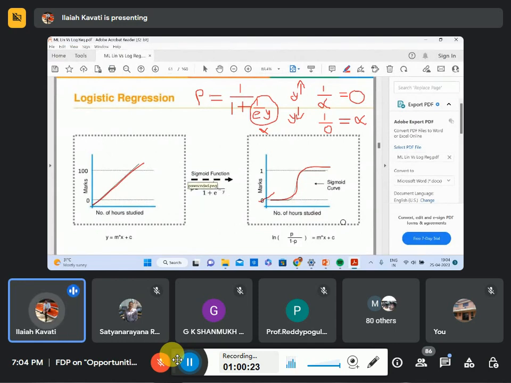This is called the logit function or cost function or sigmoid function. If you substitute y equal to mx plus c, in the denominator you are using y, the outcome of linear regression. Because of that, the name is logistic regression. Okay, sir. Thank you, sir.